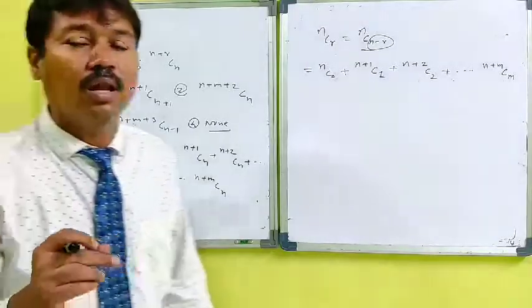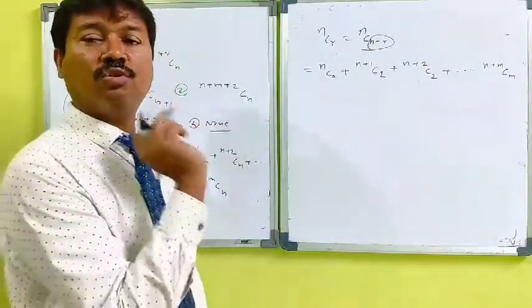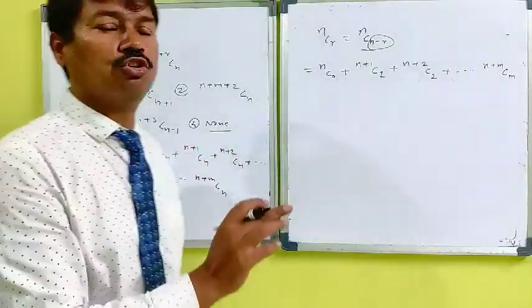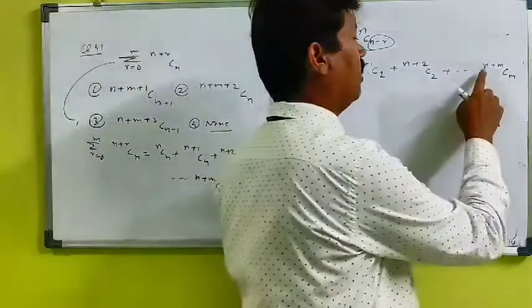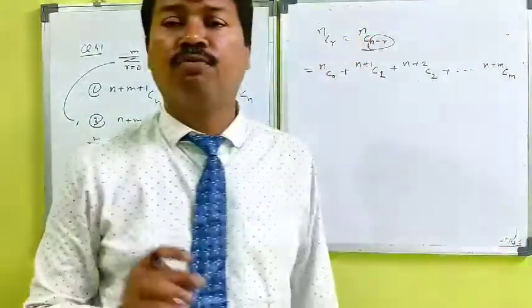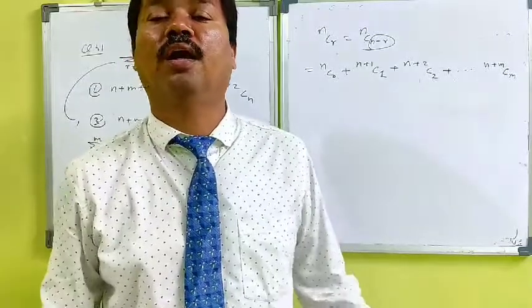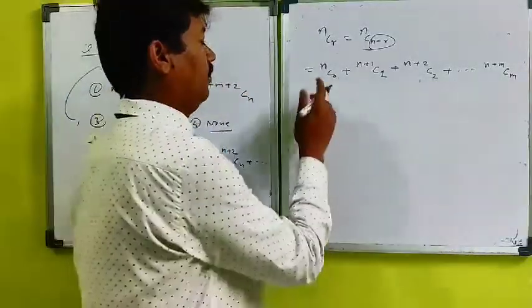Now we use our 2 method. You put n equal to 2 everywhere. If I put the value of n as 2 here, then 2 plus 2 is 4. It has become 4C2. We have to go up to 4C2.